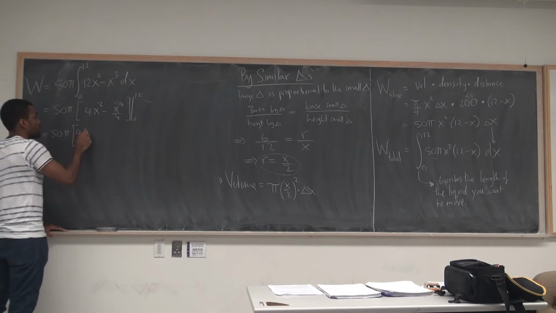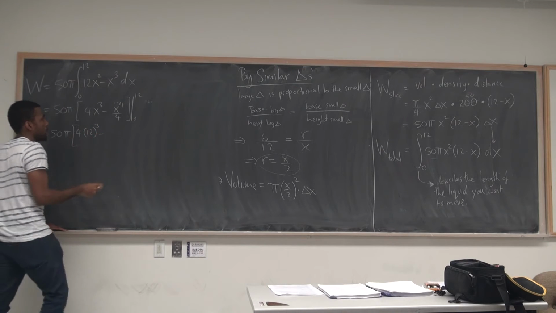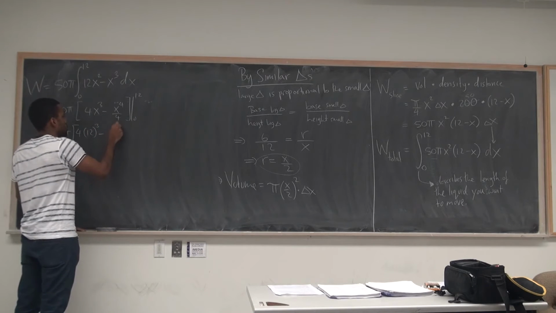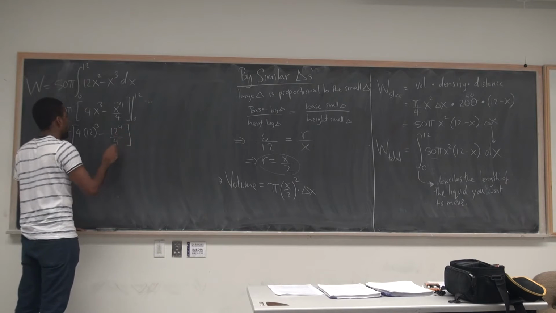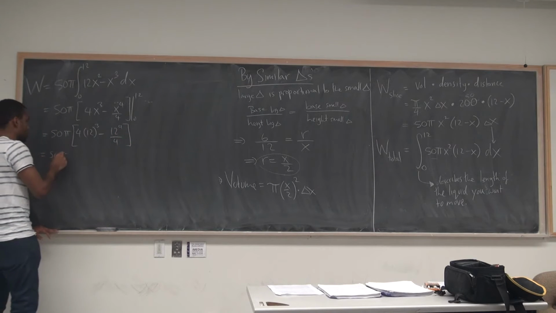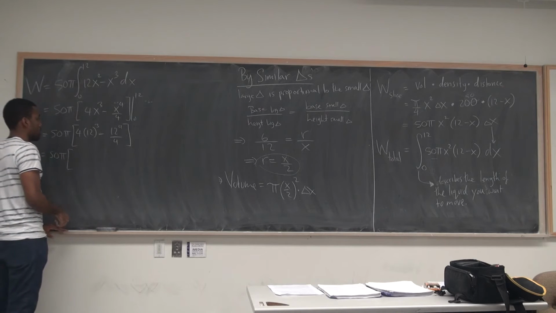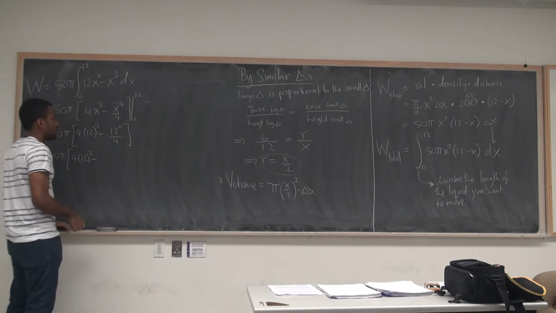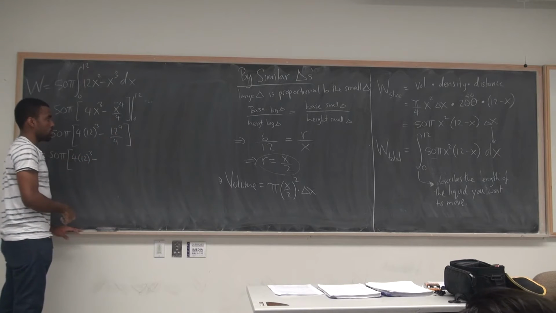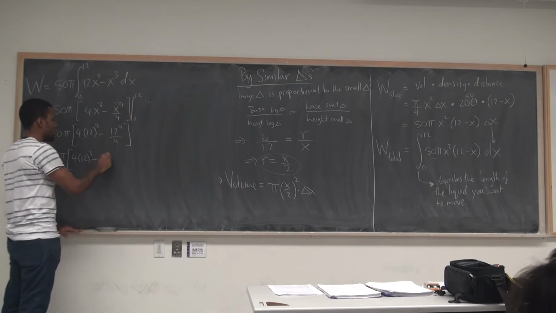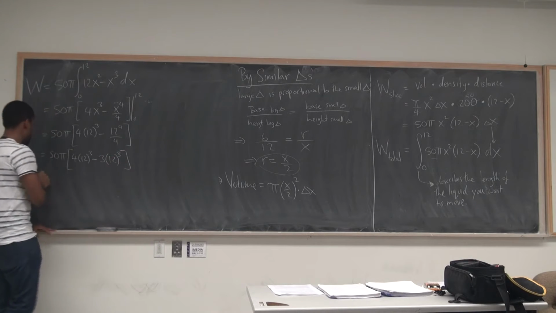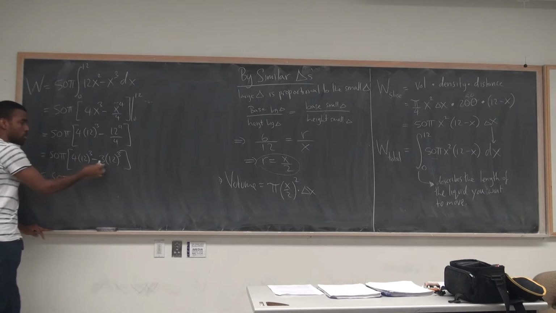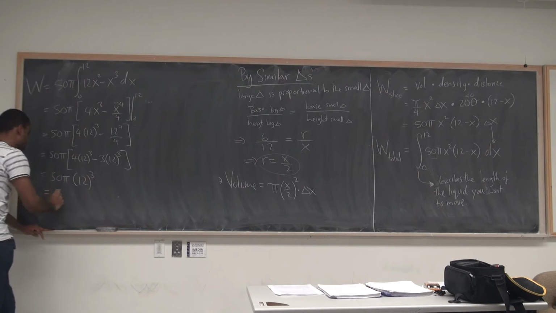This is 4 times 12 cubed minus 12 to the fourth over 4. I can think of 12 to the fourth as 12 times 12 cubed, divided by 4, so this is 3 times 12 cubed. And so this is just 4 apples minus 3 apples, which is 1 apple. So it's 12 cubed. 50 pi times 12 cubed.